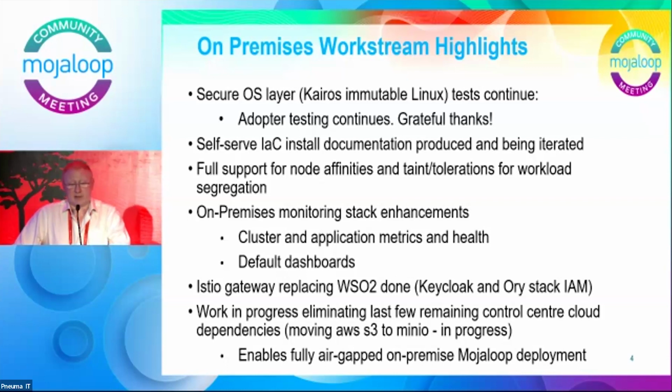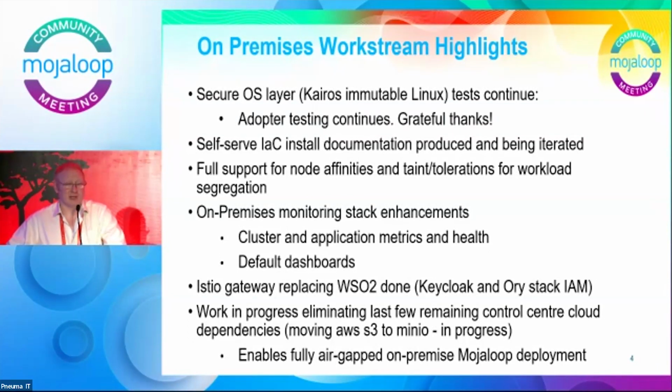This next point on the slide, we have replaced WSO2 components with Istio. We did announce that at the previous report out, but it's so significant and important, I'm going to reiterate it. Istio is a Kubernetes native API gateway and service mesh solution.